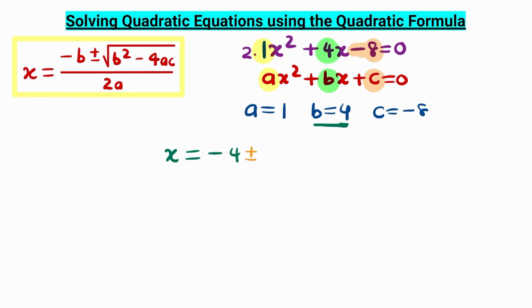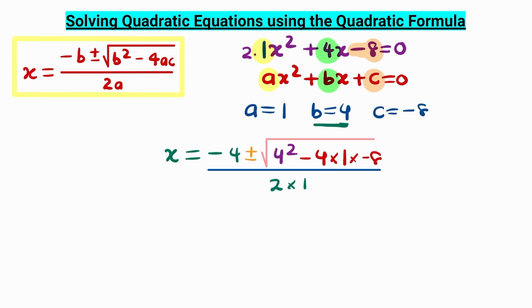Plus or minus the square root of b squared means the b term squared. Here what is the b term? It is 4. 4 squared. Minus 4ac, which means we have to put minus 4 times the a value, which is 1, times the c value, which is minus 8, over 2a. 2 multiplied by the a value, which is 1.